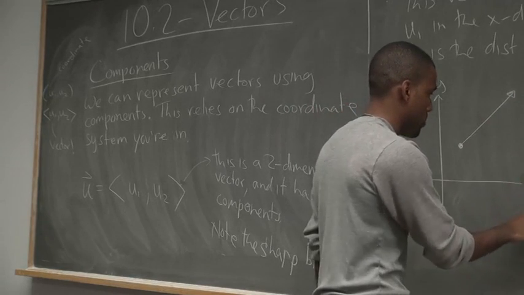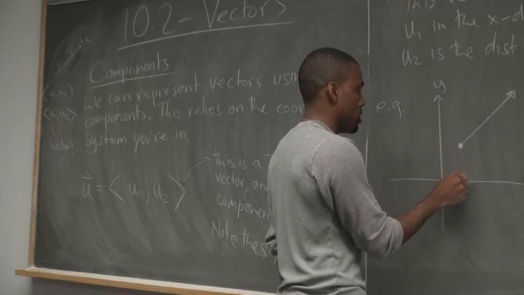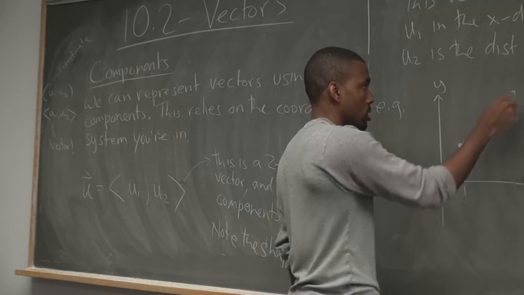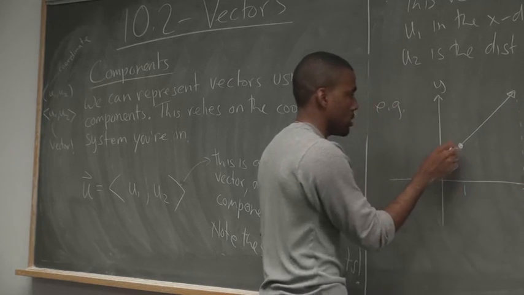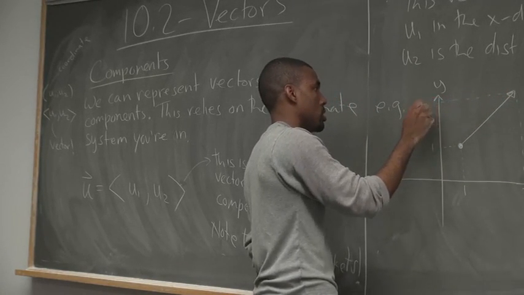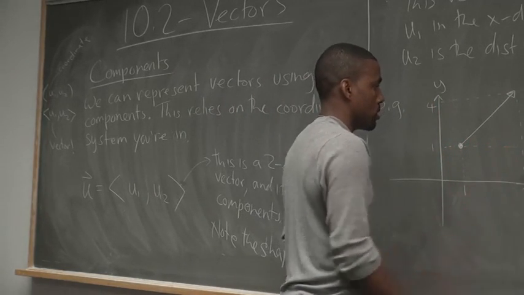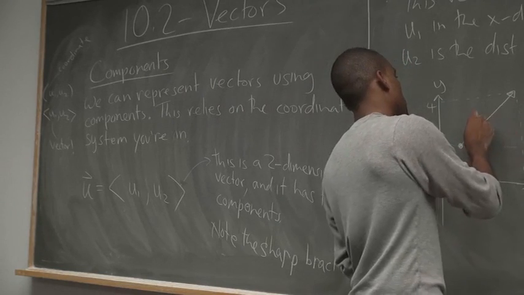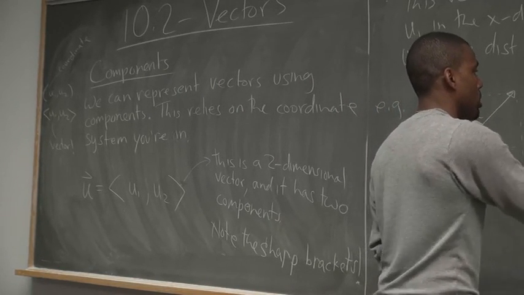Now let's say I know the initial point, x starts at 1, the final point, x is 3, initial point here is 1, final point here, maybe 4. So if I call this the vector A, then I could represent A using coordinates.